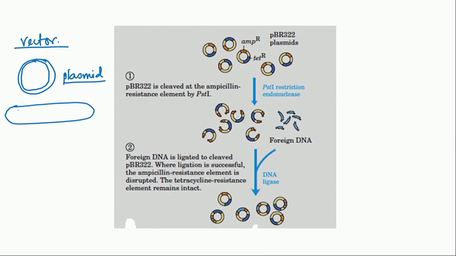Suppose this is the bacterial cell, and suppose this is the chromosomal DNA, containing all the information to make the proteins. Okay. So, in addition to the chromosomal DNA, the bacteria has developed what are called plasmid DNA. The plasmid DNAs are circular, extra-chromosomal DNA, and bacteria evolved this plasmid DNA to confer resistance to different antibiotics.